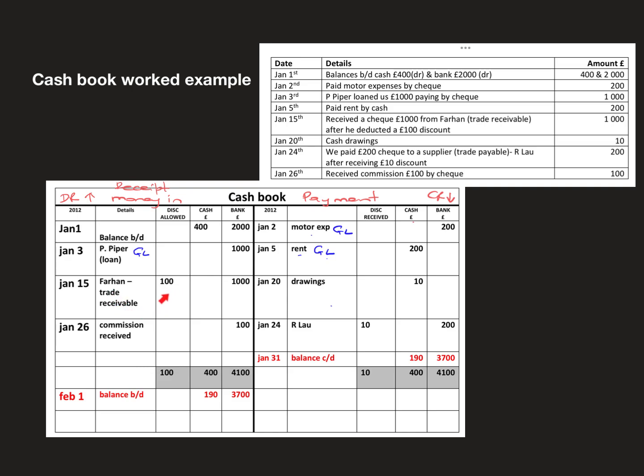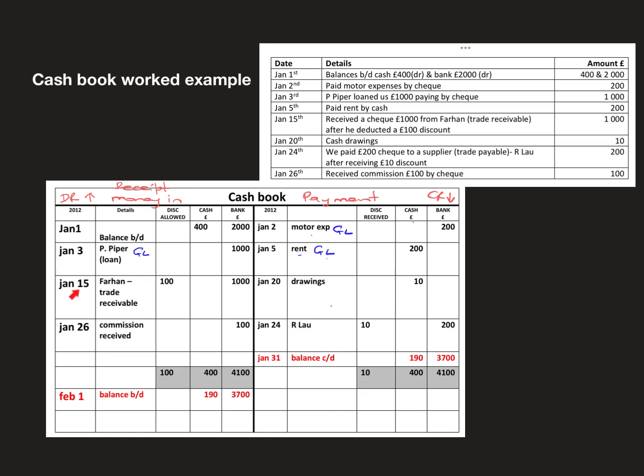This is the use for the discount allowed column, because while the customer is paying us £1,000, we can record or keep a tally or keep a log of all of the discounts that we are allowing or giving to our customers. So in this instance, we are giving Farhan £100 as discount. It goes next to his name in the same row, right next to where you're recording that you received that £1,000.